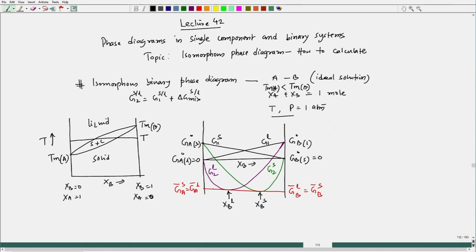And we have gotten formulas for G1 and G2. So G1 solid would be equal to minus XA delta G naught M A, G2 S equal to minus XA, and everything would be solid.